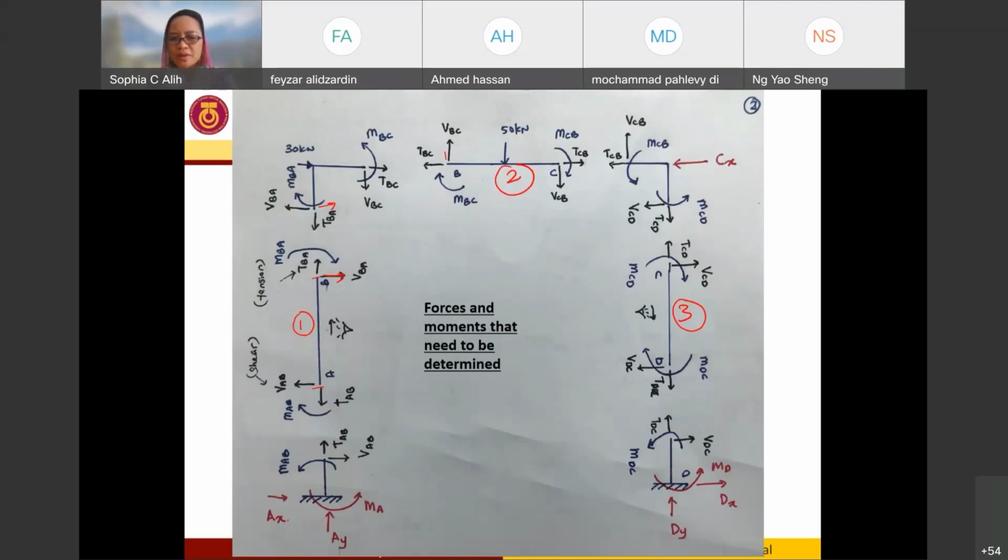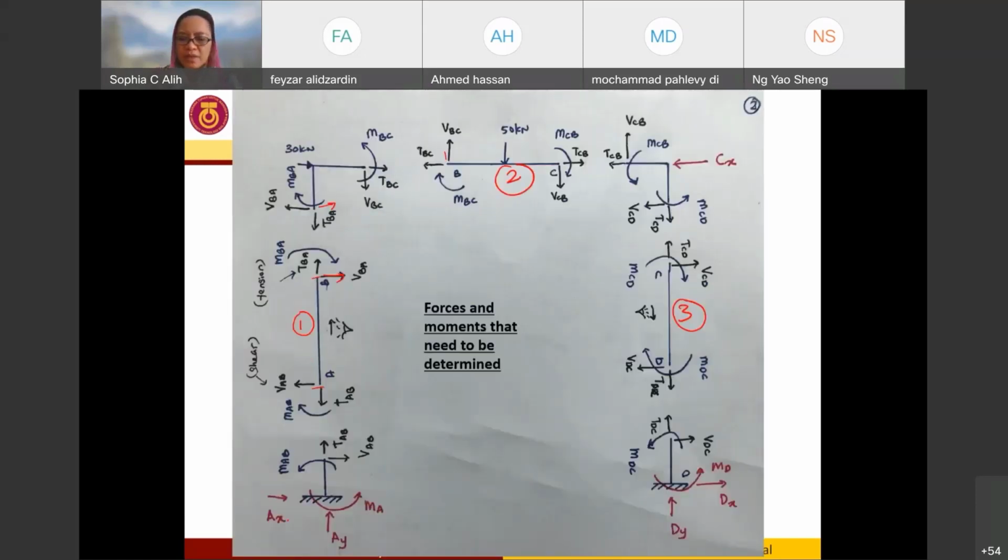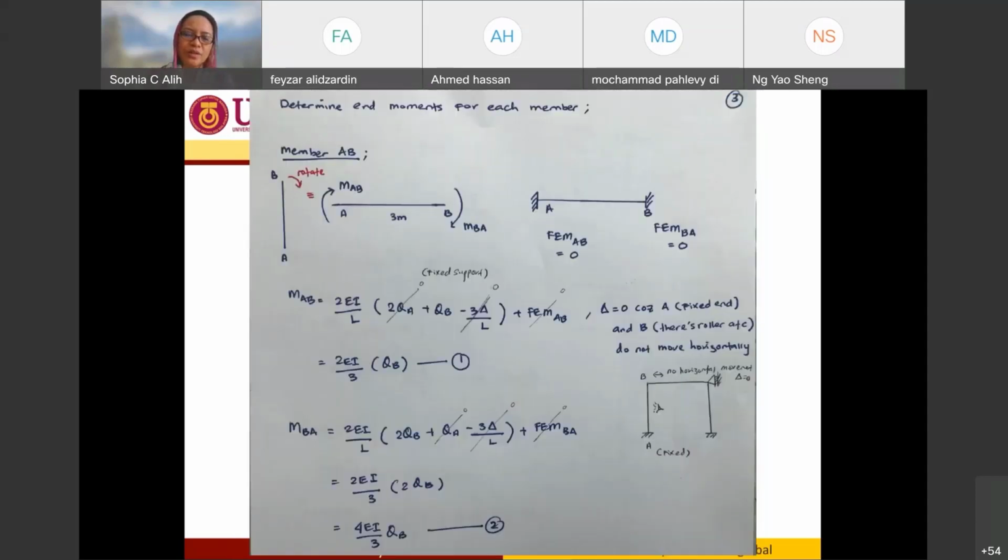analyze the first member. This is member AB. In order for me to look into it easily and represent it as a beam, I place my view from this angle, and I look at it from this direction to this direction using the arrow. From here I rotate it 90 degrees.